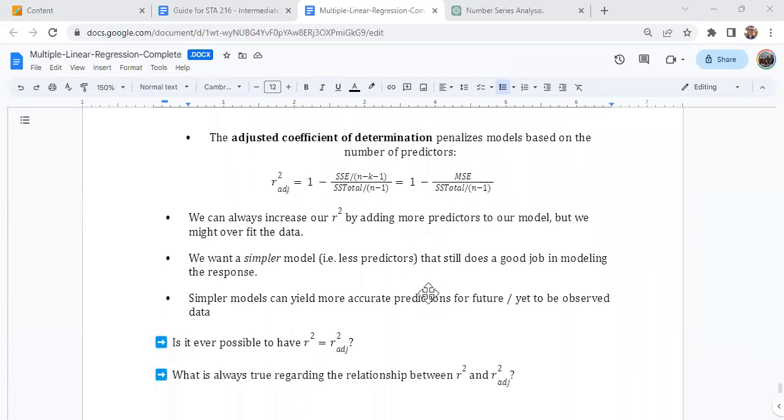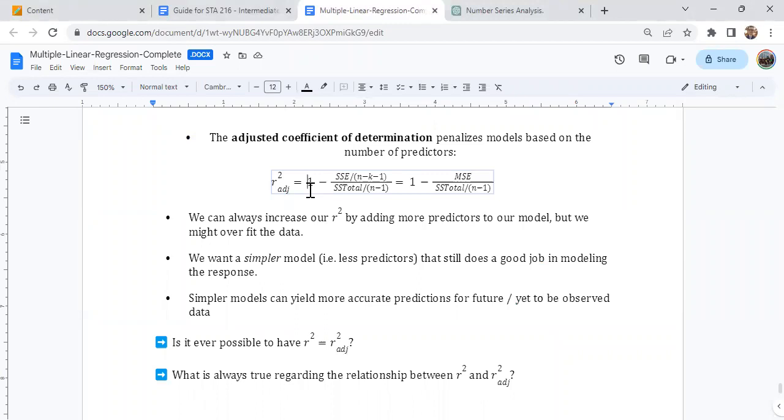People have addressed this in many different ways. One of the ways that we're going to use in this class is the adjusted R squared value. The adjusted R squared value is similar to the regular R squared value, except it penalizes for how many predictors you have in the model.